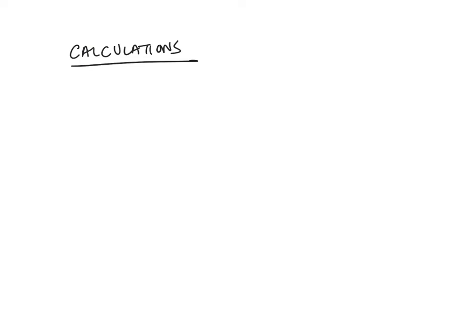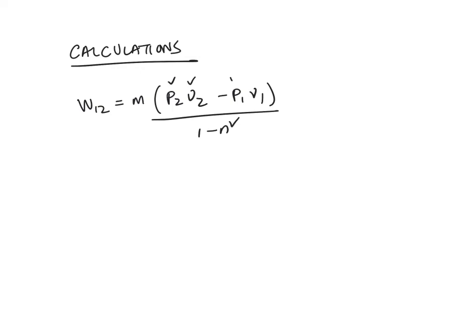So now we're going to do the calculations for the different variables. Way back in the beginning, we determined that for a polytropic process, our work from 1 to 2 is going to be the mass times pressure 2, volume 2, minus pressure 1, volume 1, all over 1 minus n. And we have carefully solved for each of these values. So we can now calculate this work term.